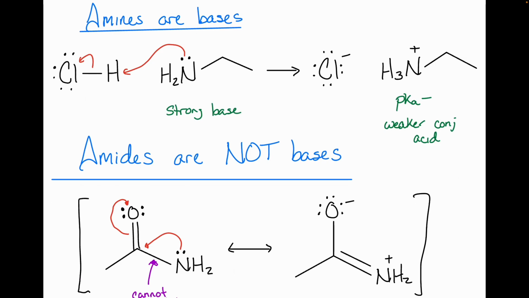All right, this amine right here has a pKa around 11, and that is pretty typical for amines. It really doesn't vary too much as you change the structure of your amines, or their classification.